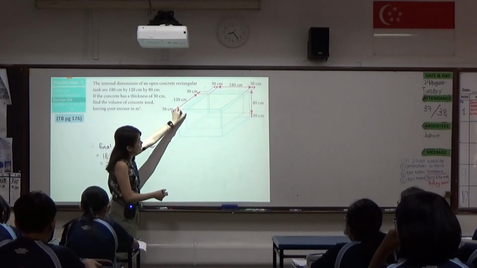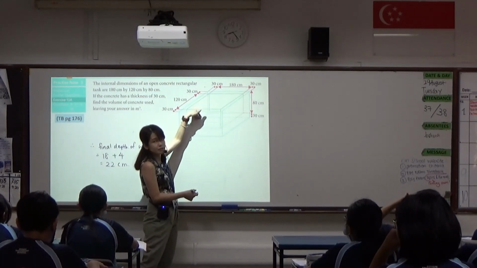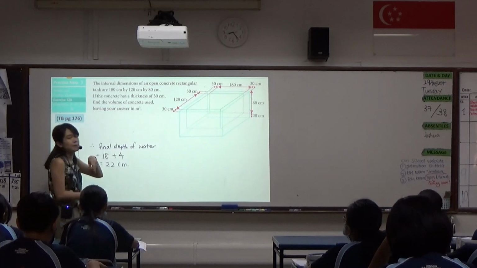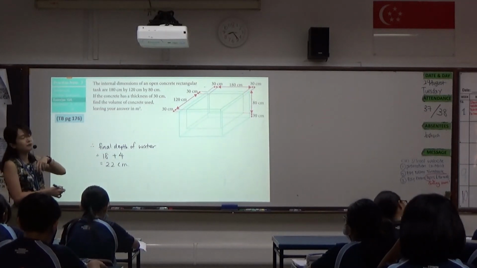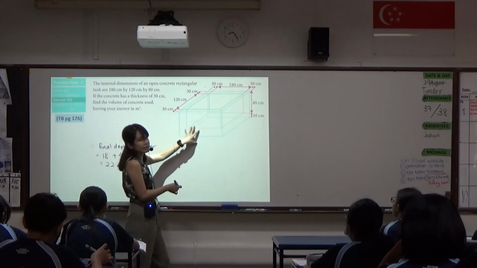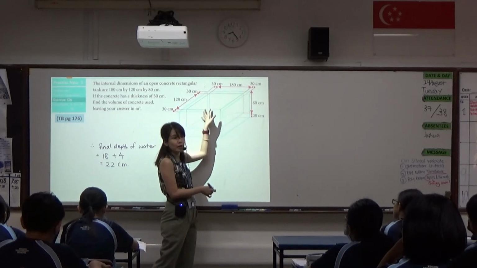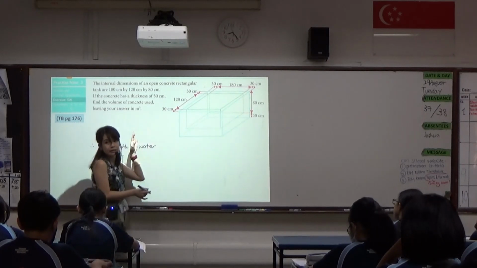That means you're looking at the amount of concrete on the outside of the space that we have on the inside. So in order to find the volume, what should we do? We need to take the bigger cuboid minus away the smaller cuboid on the inside. You all see that? Right?